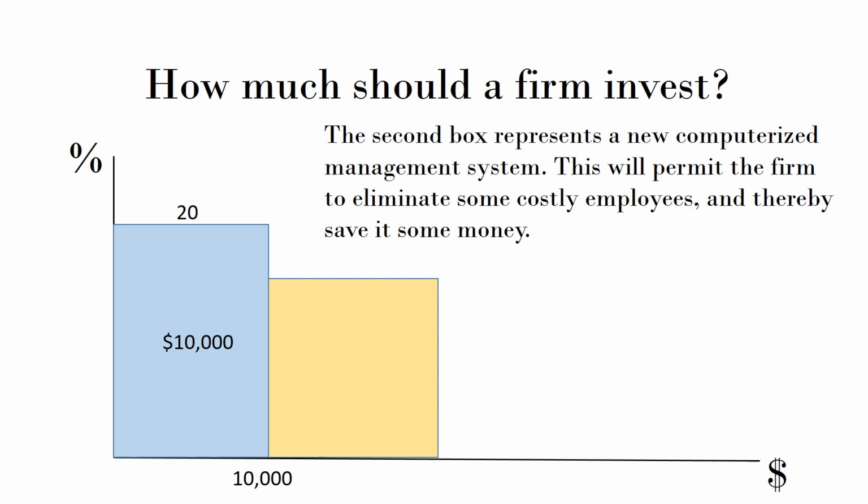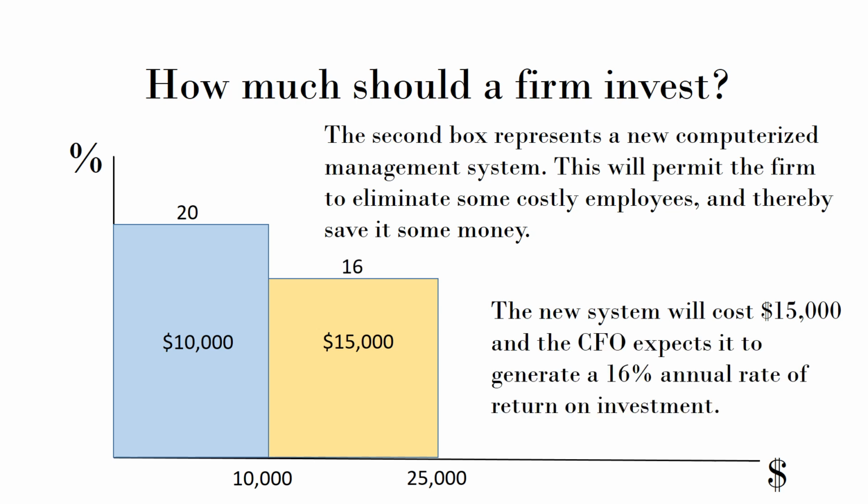The second box represents a new computerized management system. This will permit the firm to eliminate some costly employees and thereby save it some money. The new system will cost $15,000, and the CFO expects it to generate a 16% annual rate of return on investment.